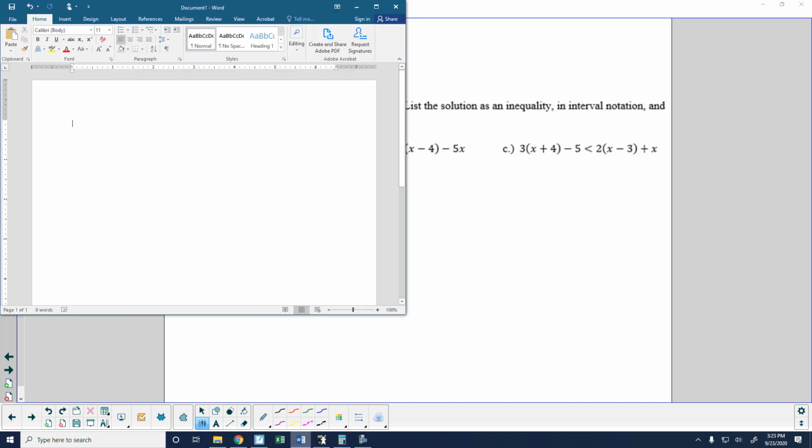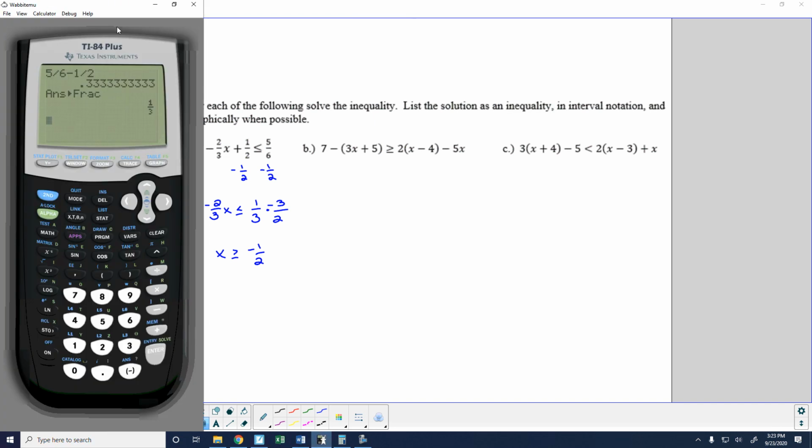So I can graph this. Actually, let's go ahead and check this solution first. I can check this using the graphing calculator by substituting in values for x. If I take negative 2/3 times negative 1/2 plus 1/2, and put that in a fraction, oh, sorry, I typed this incorrectly.